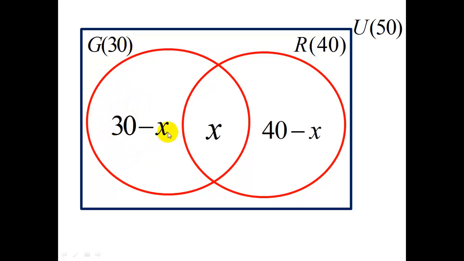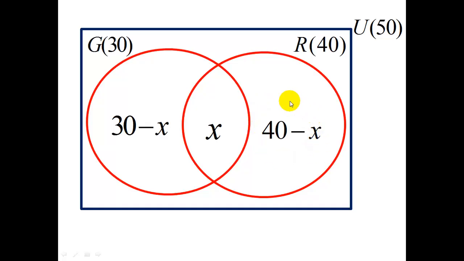And that is how come we have 30 minus X. So 30 minus X is the number of traders who sell only Gary.